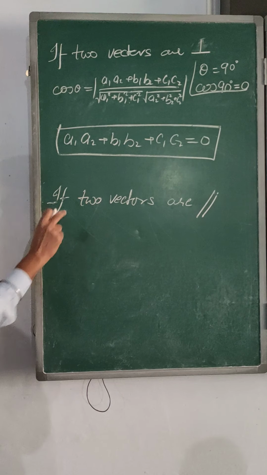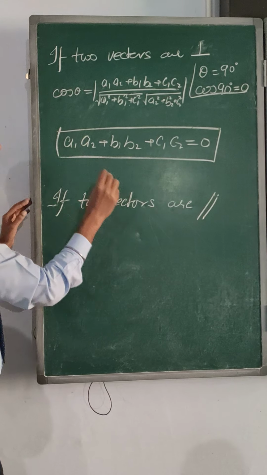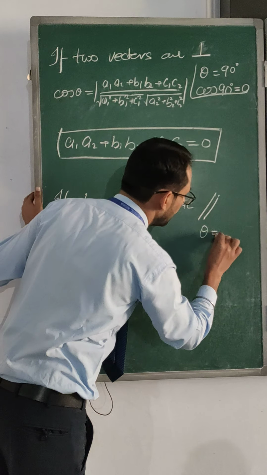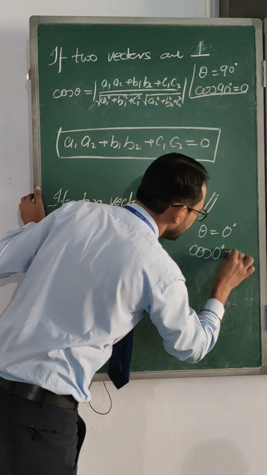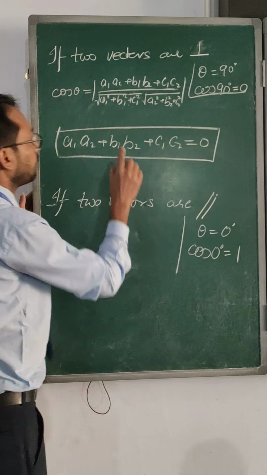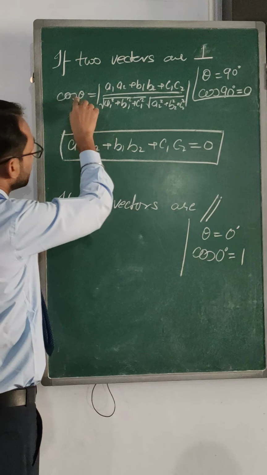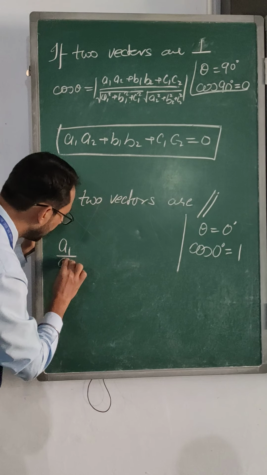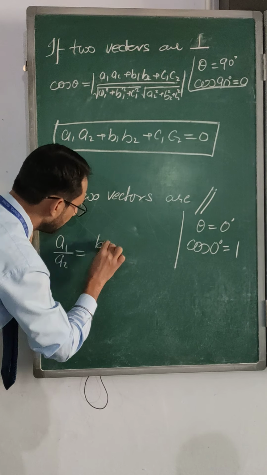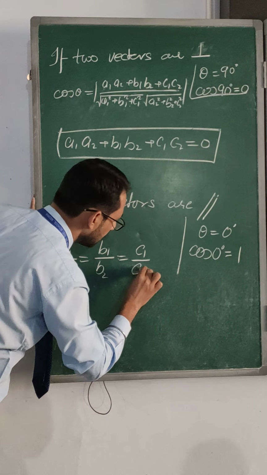In case two vectors are parallel, at that time theta will be equal to 0 degrees and cos 0 degrees will be equal to 1. So when we put cos 0 as 1, we will be getting the result A1 upon A2 equals B1 upon B2 equals C1 upon C2.